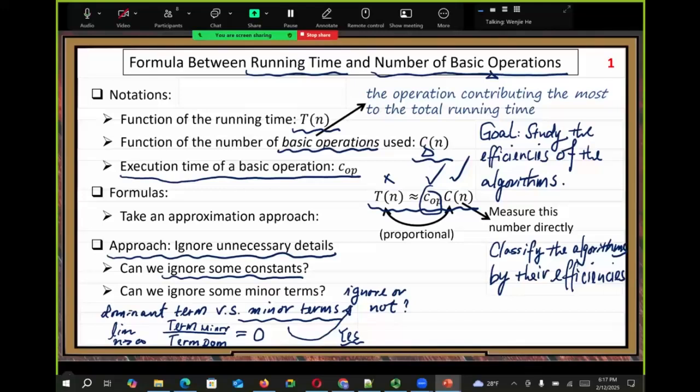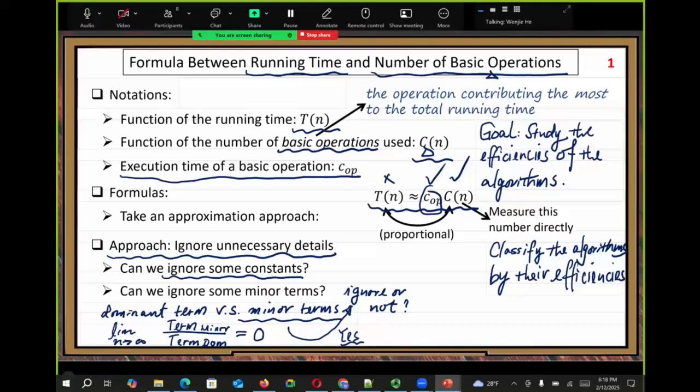So we may not handle large data well. There is a chance we cannot handle large scale data efficiently. That's our concern.